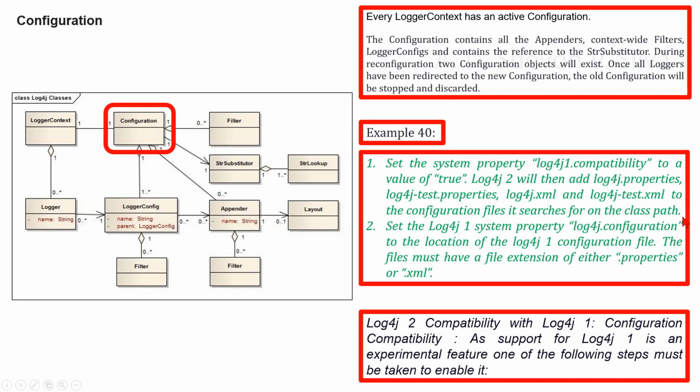Log4j2 will then add log4j.properties, log4j-test.properties, log4j.xml and log4j-test.xml to the configuration files it searches for on the class path. Or set the Log4j1 system property log4j.configuration to the location of the Log4j1 configuration file. The files must have a file extension of either .properties or .xml.